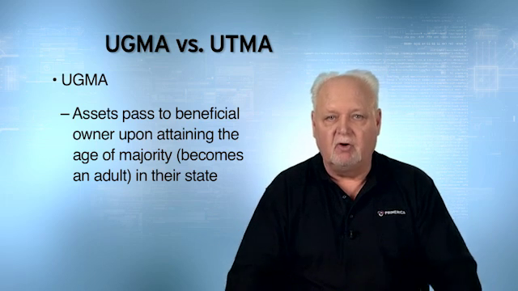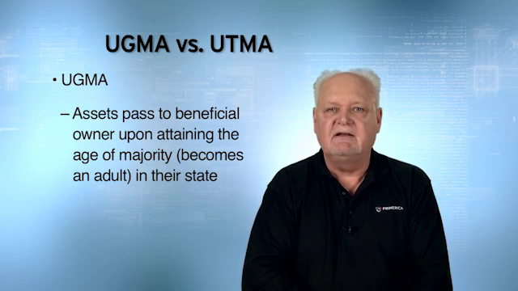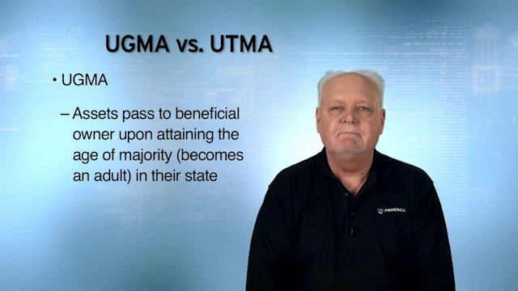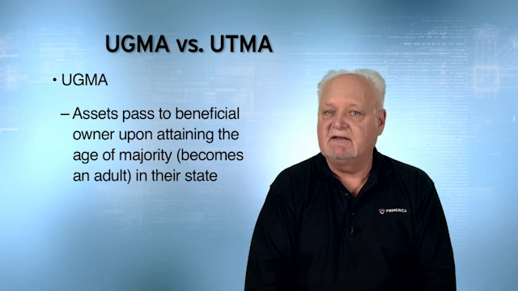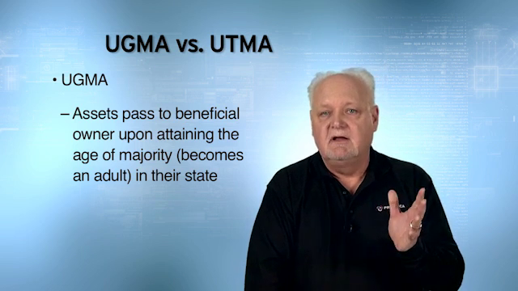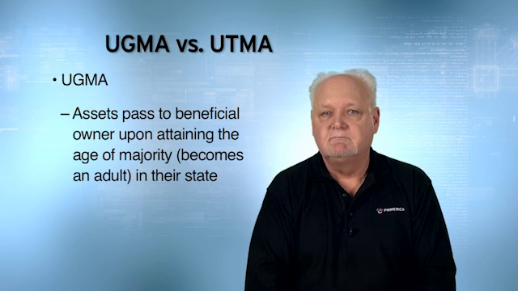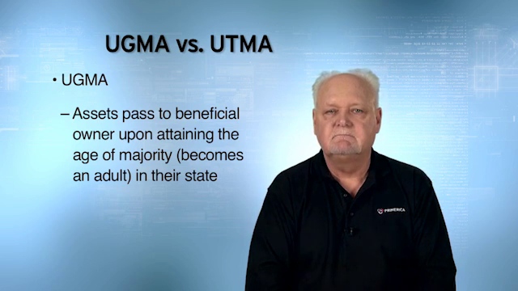They can take control of the assets. Okay? Now, when does someone attain the age of majority in a state? That varies from state to state. That's why the name of the state where the account is being held must be on the account.